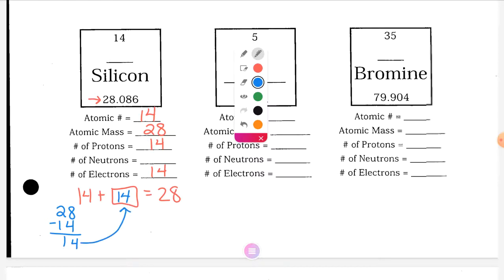So in the element silicon, there are 14 electrons, 14 neutrons, and 14 protons. What am I missing, Elise? The symbol. What is the symbol for silicon? Si. Good job.